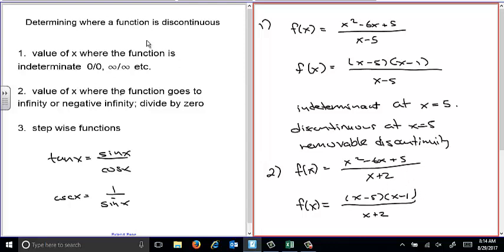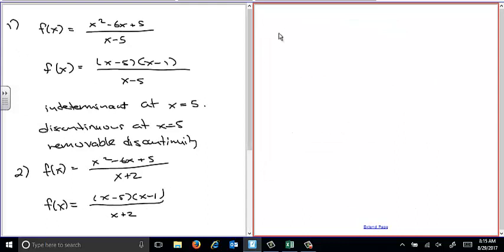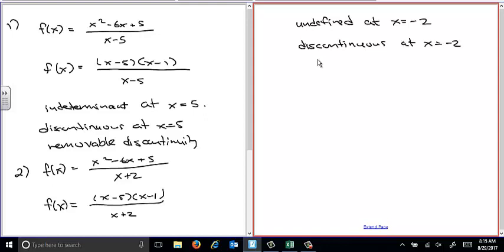So in this case, for the second one, you'd say it's undefined at x equals -2. And it's also discontinuous at x equals -2, but it's a non-removable discontinuity because it's a vertical asymptote.